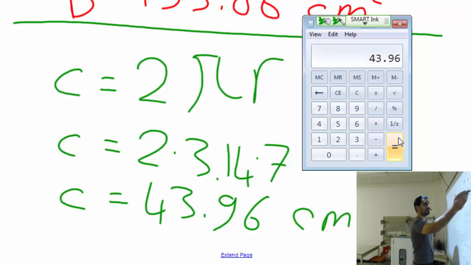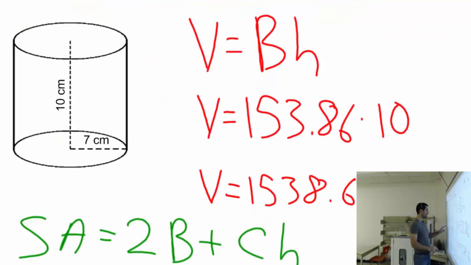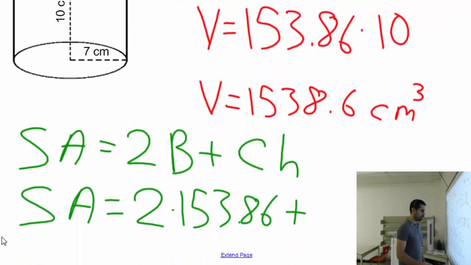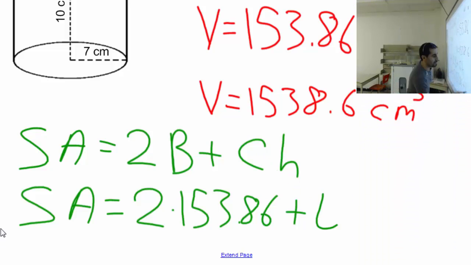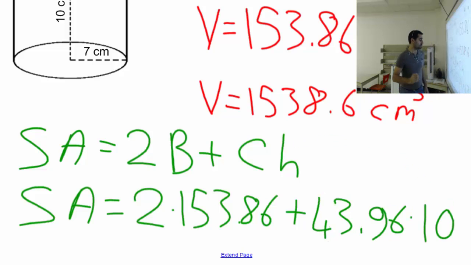This is the circumference we are talking about. You don't need those. 43.96. So let's go ahead and copy that down in the formula instead of C. Now I'm going to have 43.96 times the last one, the height, 10.